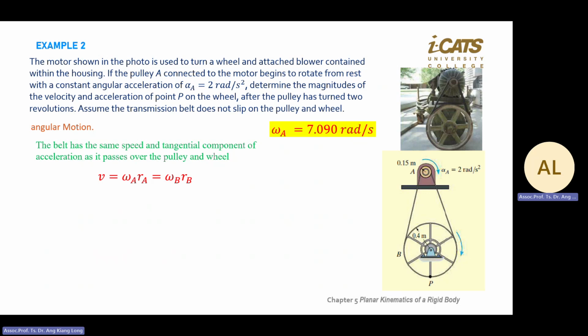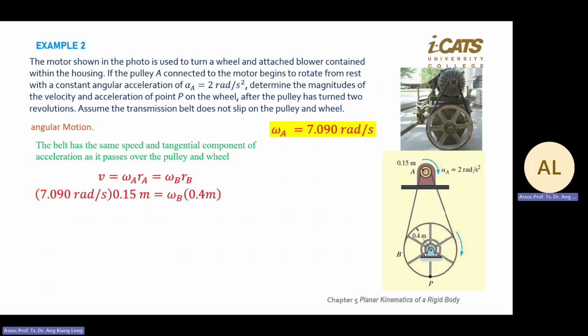So V equals omega r, omega A rA will be the same as omega B rB. This is the very important linkage between two bodies. If you have control by the belt, velocity always translates or transfers to another body. This is a connecting formula. If you miss this one, you cannot do the next steps. So velocity always translates through the belt, because the question already says do not slip. Transmission do not slip means velocity transfers to another pulley on another belt, another wheel.